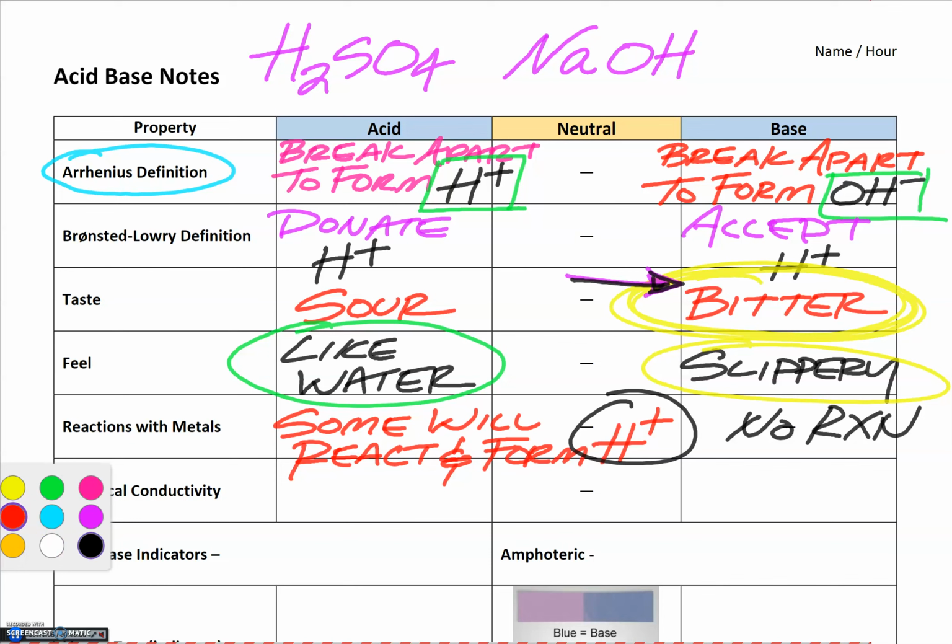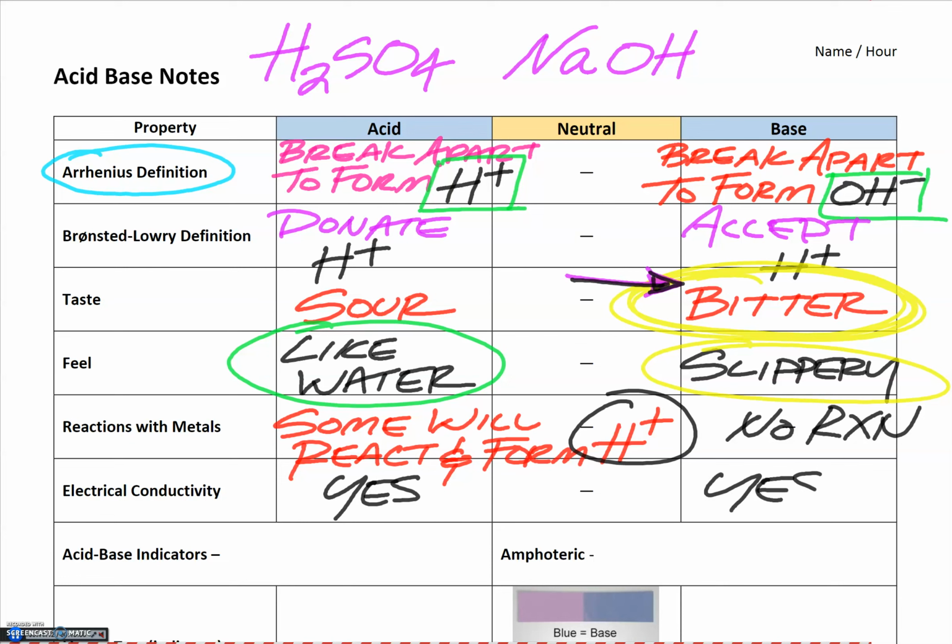Do they conduct electricity? Yes for acids, and yes for a base. Things like the taste, although we're not tasting things normally in the chemistry class, but with a food product you could. Or you could look at the actual chemical makeup, breaking up into hydrogen, feel, things like that.